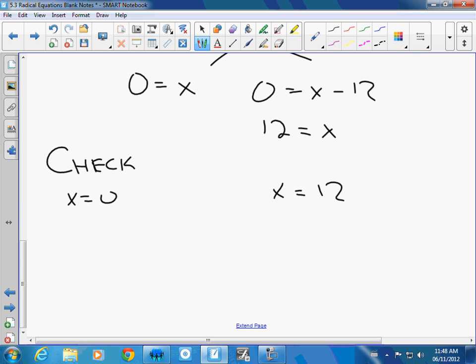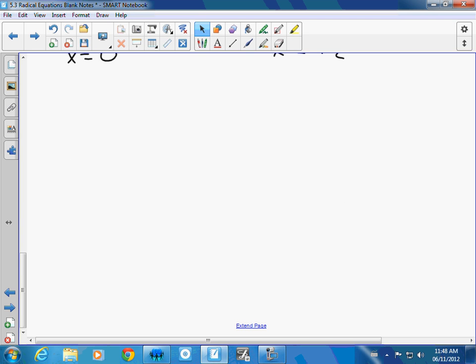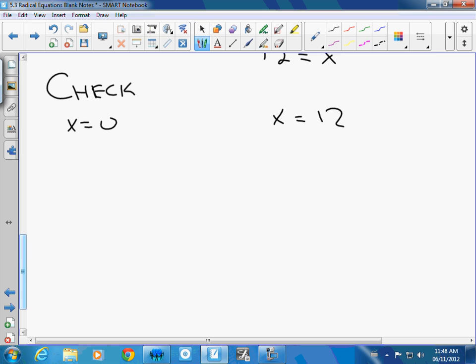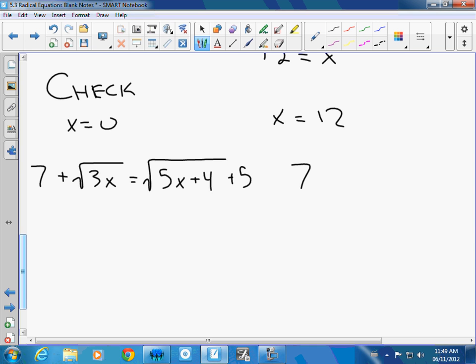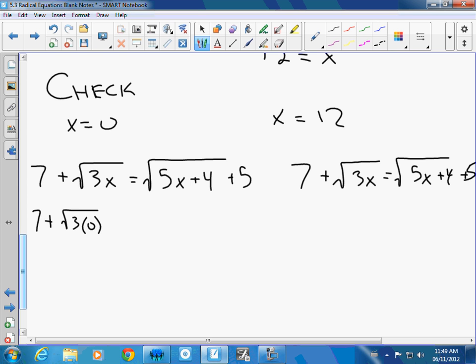Okay, I'm going to write down the original equation and check both of these. The original equation is 7 plus root of 3x equals 5x plus 4 plus 5. That's one of them. I'll write it down again. I'm running out of room. So we plug in 0: 7 plus root of 3 times 0 equals root of 5 times 0 plus 4, plus 5.